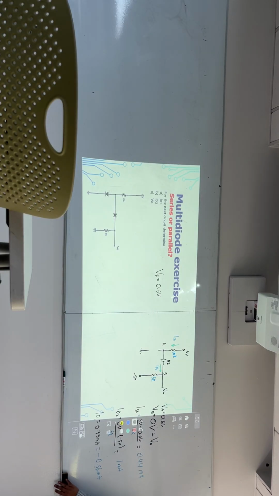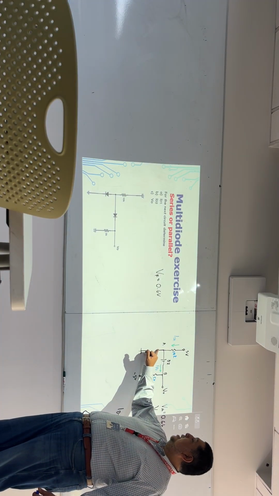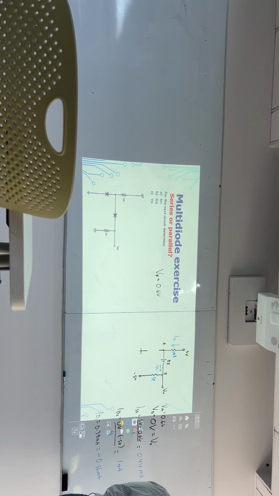So I repeat, you need to be extremely careful about your values and your operations, because if you get a negative result, and you are correct in all your procedure, the meaning is that this diode is actually off, because I cannot have a current flowing upward. You got a negative for one of the diodes. And then, what's next?